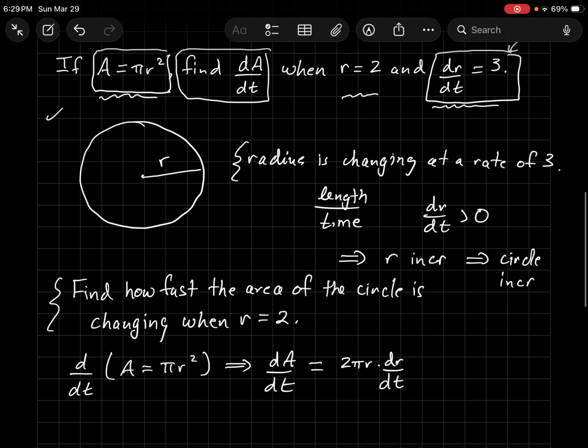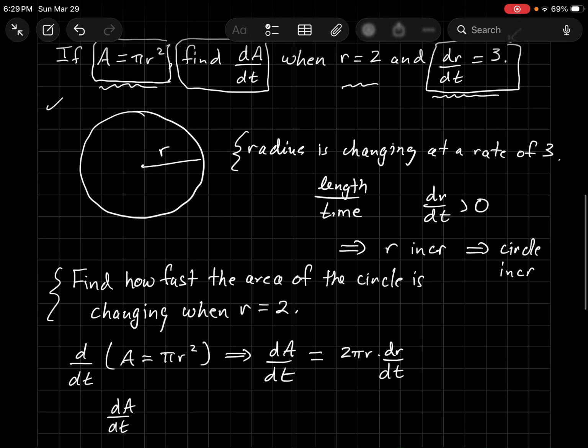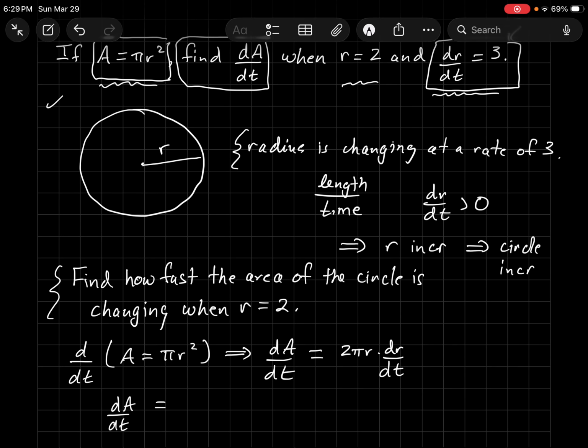Well, we're trying to find dA/dt. That's the only thing we shouldn't know. And we can plug in r, which we do know, which is 2. And dr/dt, which we also know, which is 3. And we get dA/dt is 12 pi units squared per time.